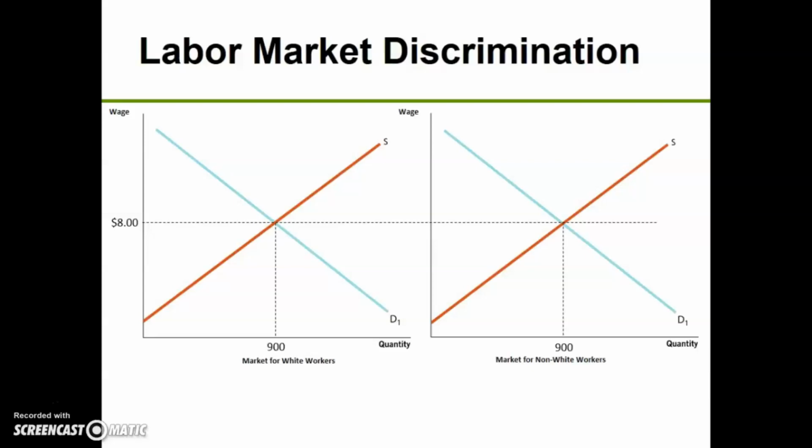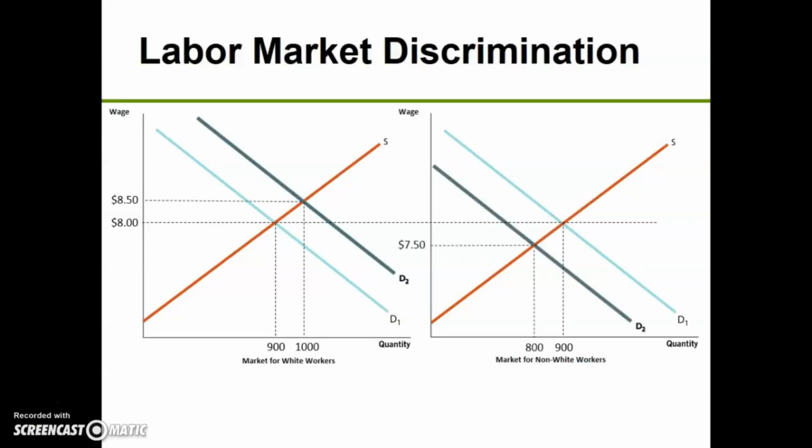Now, if discrimination exists and there is a preference for white workers, then we would see a demand shift in the white market, which would generate a higher equilibrium wage for white workers, and a demand shift in the non-white market, generating a lower equilibrium wage for the non-white workers.